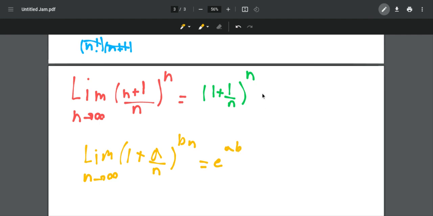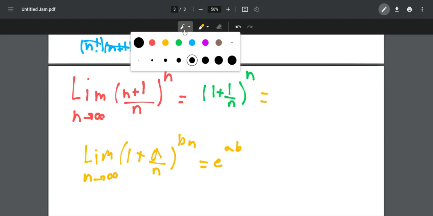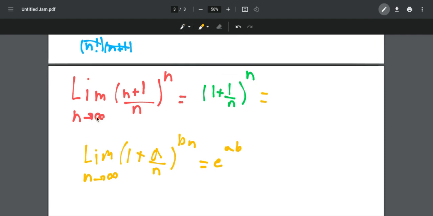So we can see that this is the same thing. In this case, you have the limit as n approaches infinity of 1 plus 1 over n, where a is equal to 1 and b is equal to 1. So this expression goes to e to the power of 1, which is equal to e.